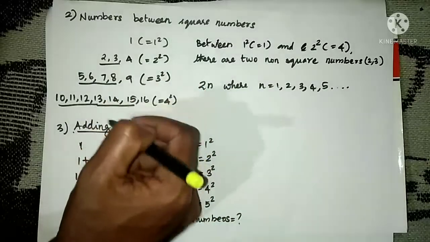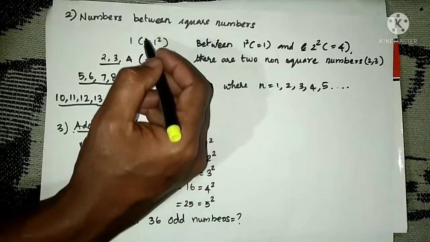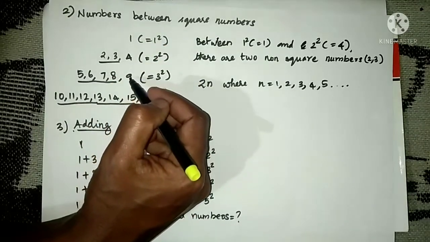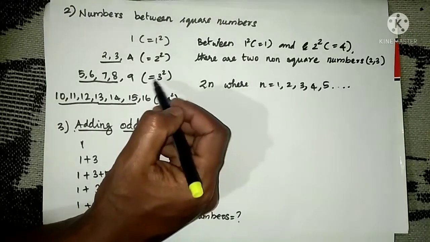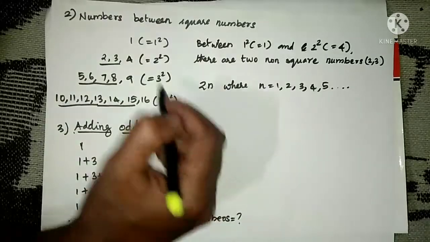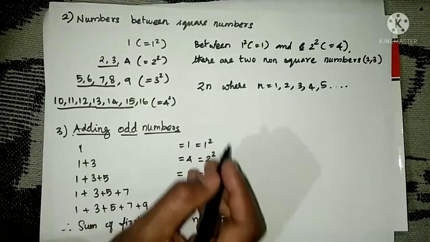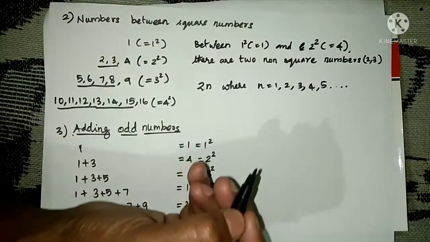So how do you find it easily? If we are given any two square numbers, for example 9 and 16, what 9 are we getting when we multiply 3 square and 4 square? So between 3 square and 4 square, how many non-square numbers are there?